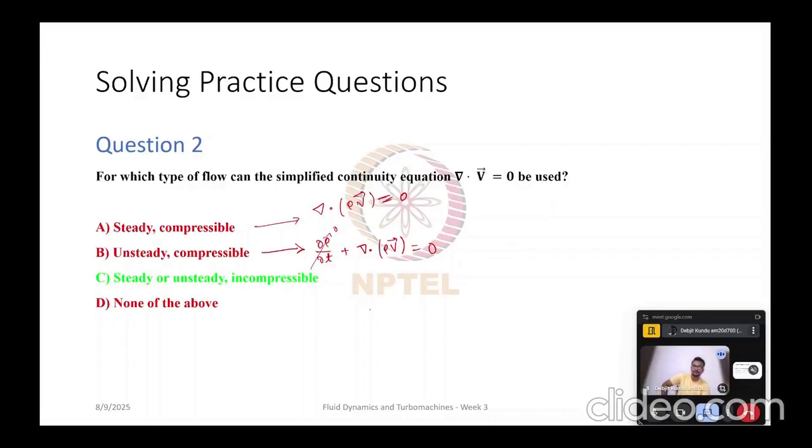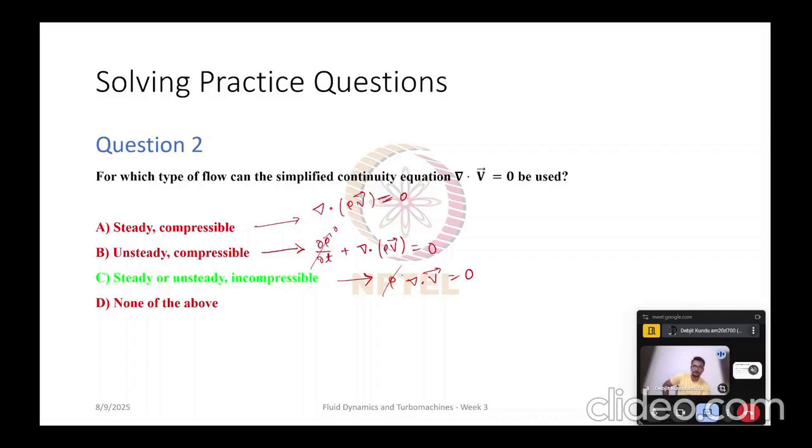Now, if it's incompressible, then rho becomes a constant. Then dou rho dou t goes to 0, as well as I can take this rho out and simply write the divergence of velocity equal to 0, and this rho cancels out since it's equal to 0 on the right hand side.